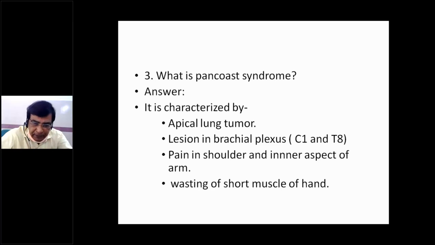C8 and T1 involvement causes pain in the shoulder and inner aspect of the arm, and there will be wasting of the short muscles of the hand also. So these are the features of Pancoast tumor. So Pancoast syndrome is an apical tumor of the lung causing pain in the inner aspect of the arm and wasting of the short muscles of the hand due to involvement of the lower end of the brachial plexus.